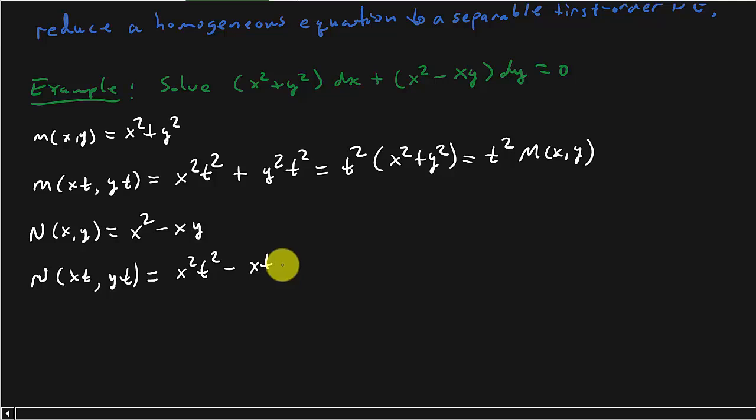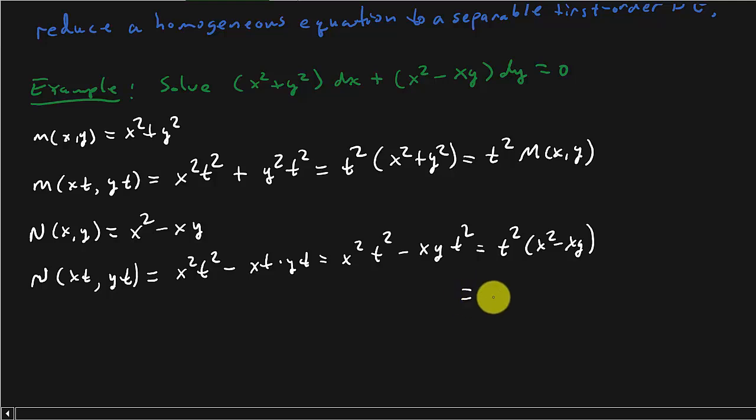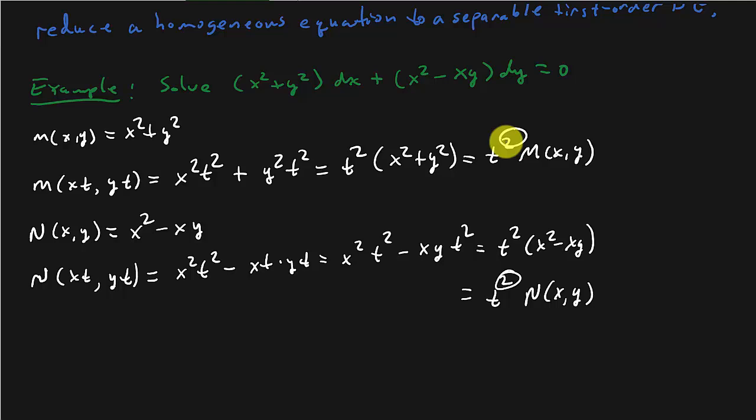So that's minus xt times yt, which is x squared t squared minus xy t squared, which is going to give us t squared times x squared minus xy, which is equal to t squared times N of x, y. So they're homogeneous and they have the same degree.